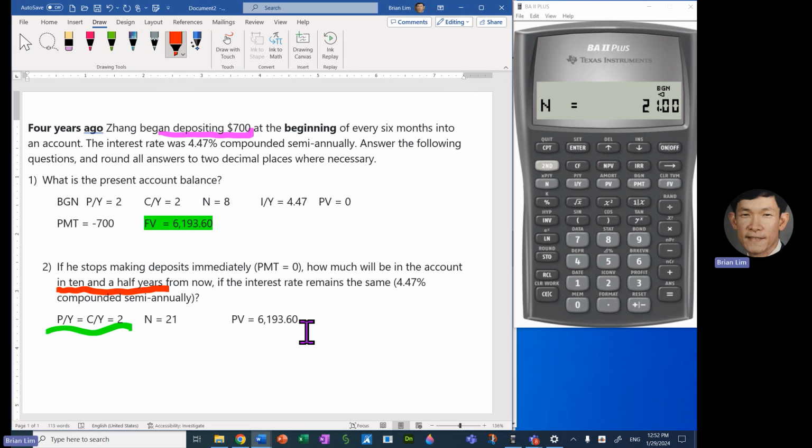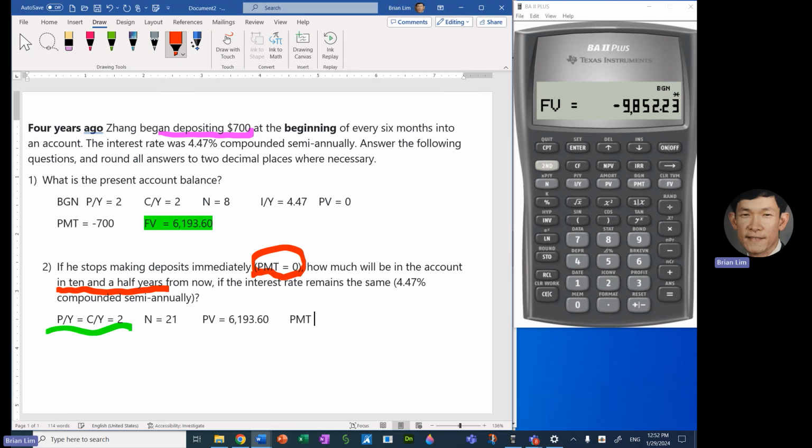All right, so what else is there? Well, we have the present value right there, 6193.60. We could recall it to make sure that it is that. And because the deposits have stopped, the payment will be 0. So let's put in 0 for the payment, and then we will compute the future value.